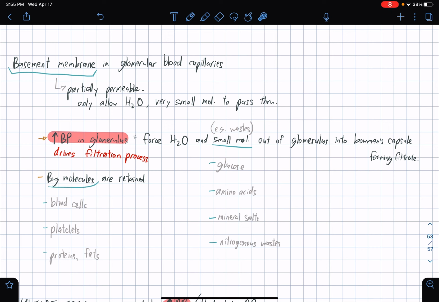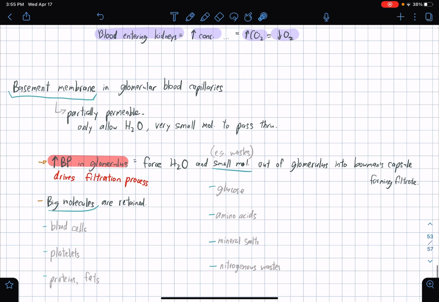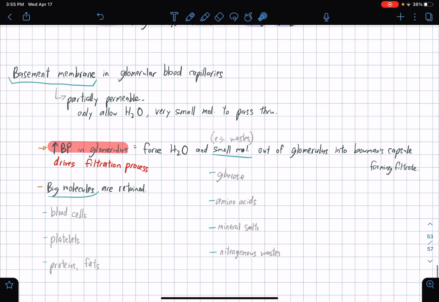Okay, basement membrane in glomerular blood capillaries. The basement membrane is recognized to be partially permeable. It only allows water and very small molecules to pass through.